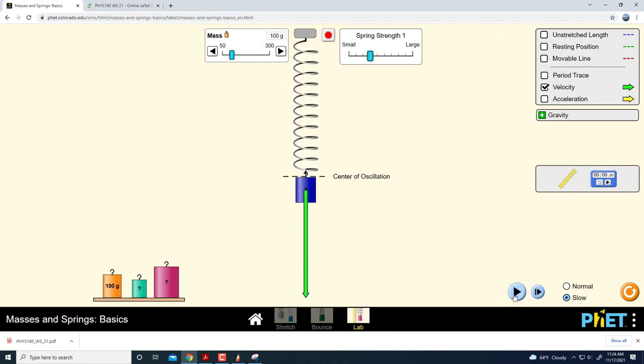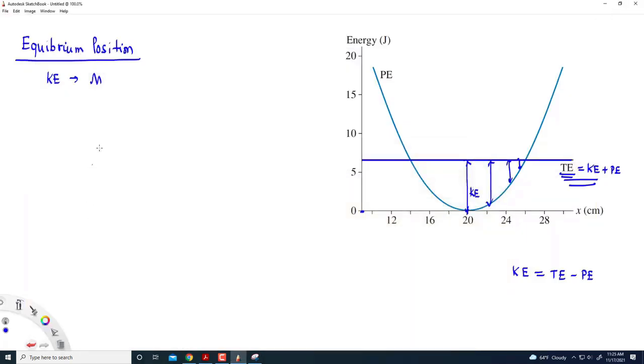Maximum velocity means maximum kinetic energy. You see here, maximum, that's the equilibrium position, maximum kinetic energy. So kinetic energy is maximum because v is maximum.